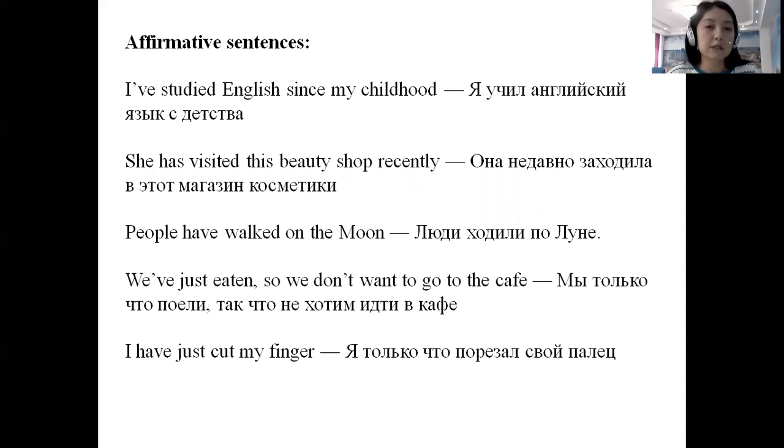I've studied English since my childhood. He has visited this beauty shop recently. People have walked on the moon. We've just eaten, so we don't want to go to the cave. I have just cut my finger.